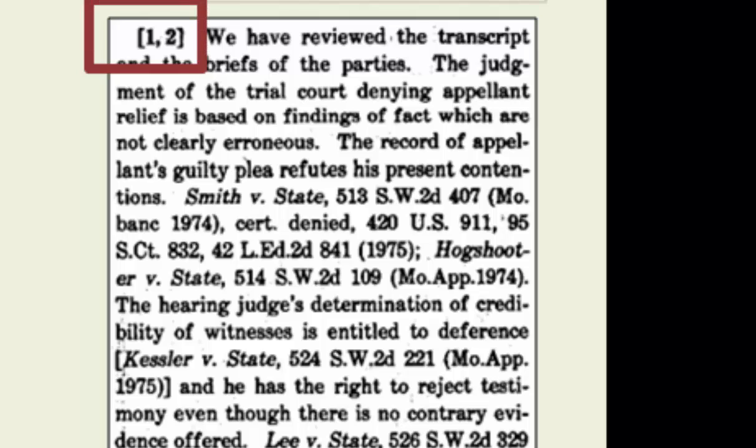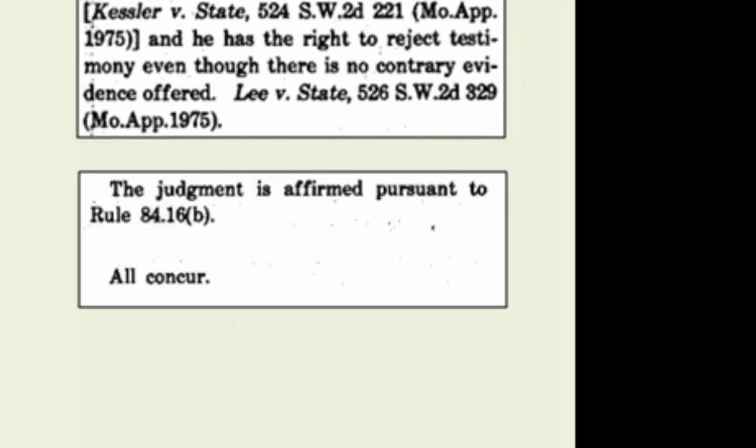See the little 1 and 2? These numbers relate back to the headnote numbers. There are only 2 headnotes, and the issues that the headnotes describe are both found in this single paragraph. And then there is the decision of the court. This is what the court does, as distinguished from what it says in the opinion.